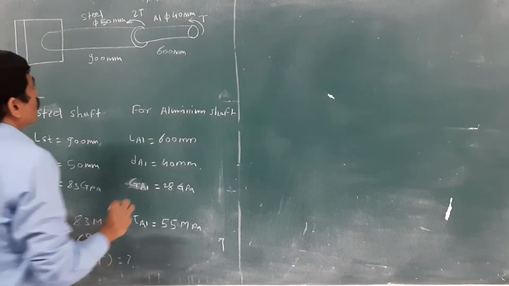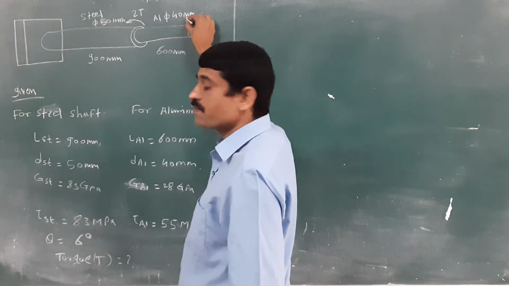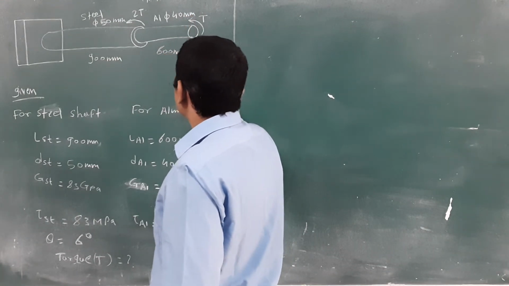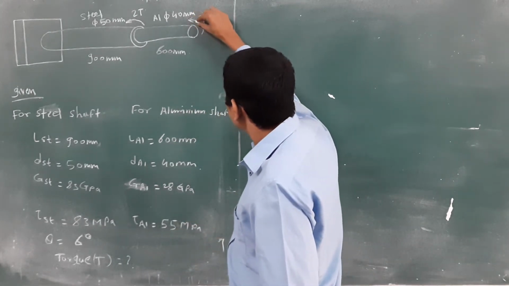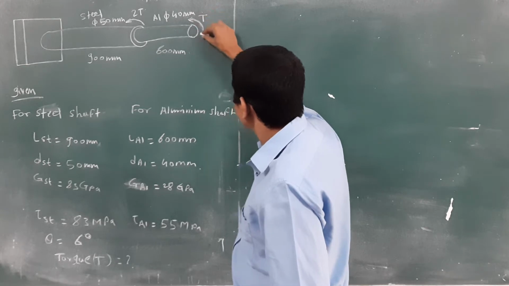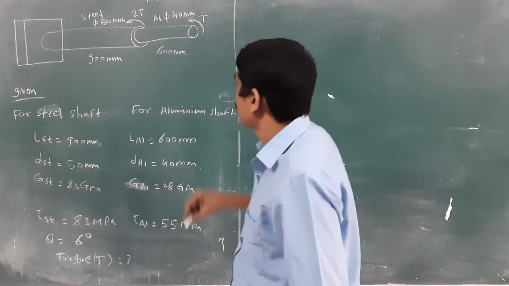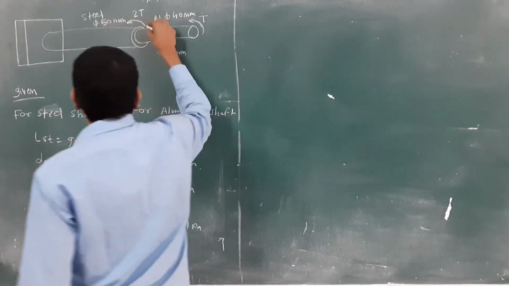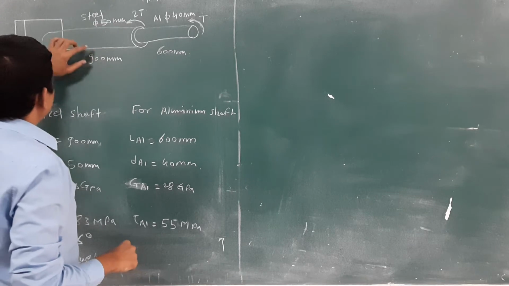The aluminium shaft has a diameter of 40 mm and a length of 600 mm, and the torque is acting in the anti-clockwise direction. The second shaft is connected to the aluminium shaft.